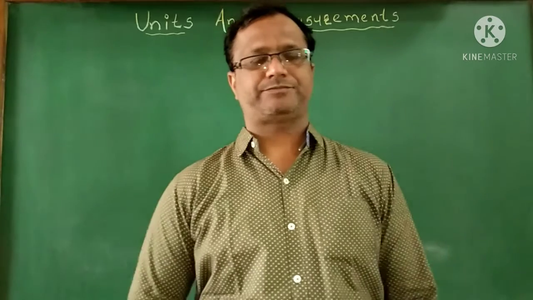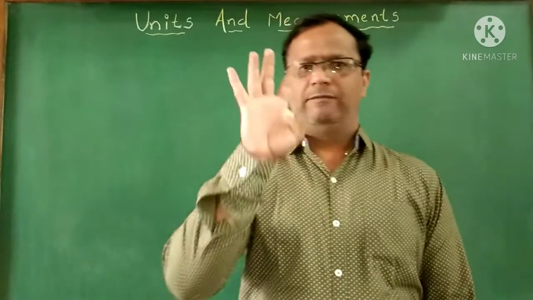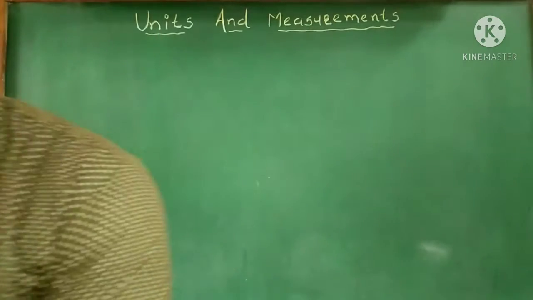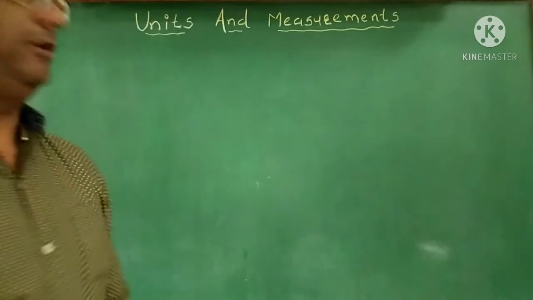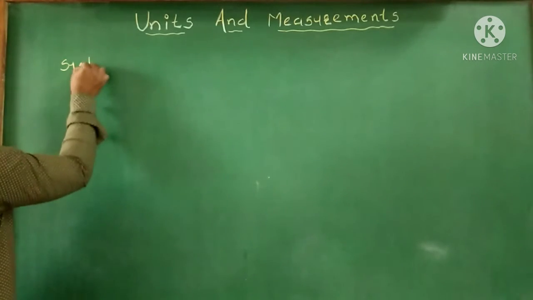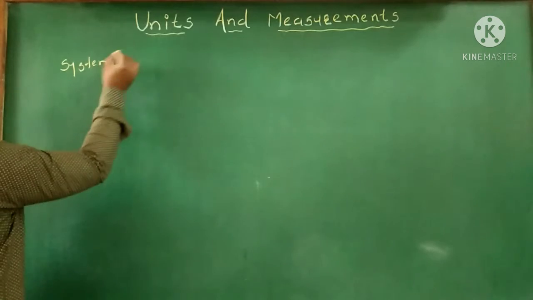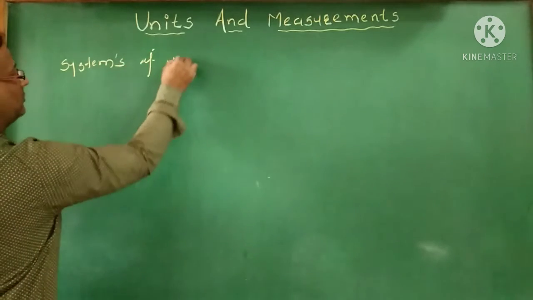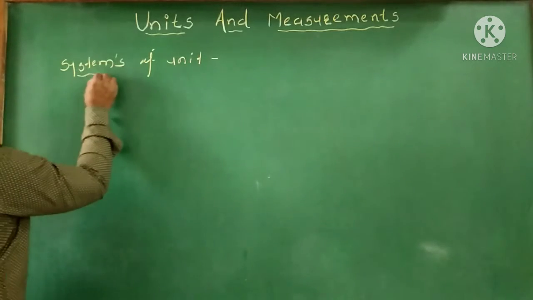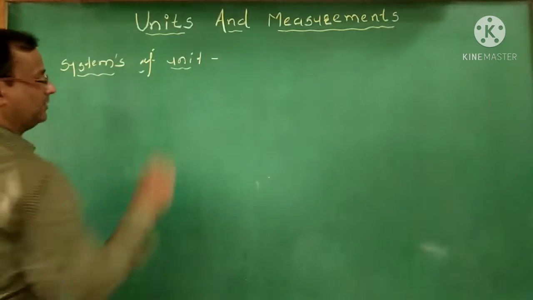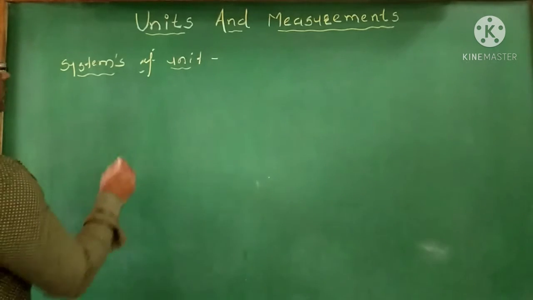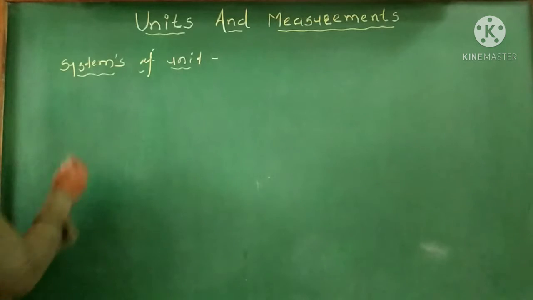Then basically there are 4 types of systems of unit. So here we want to see the systems of unit.